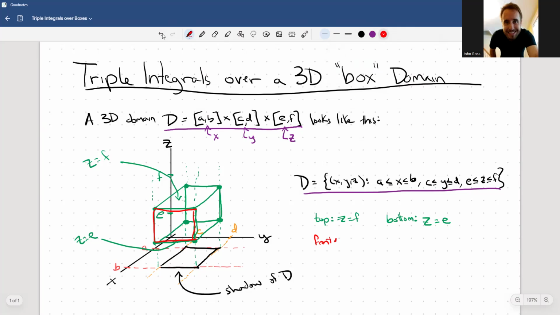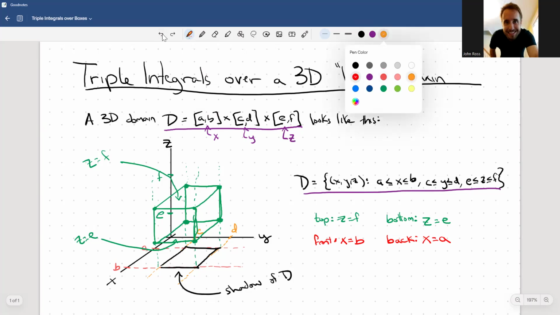So that's a vertical plane slicing off the front of that box. And so the front side here corresponds to x equals b, while the back, from our perspective, corresponds to x equals a. And again, just looking at the back, that is this vertical piece right here. Okay.